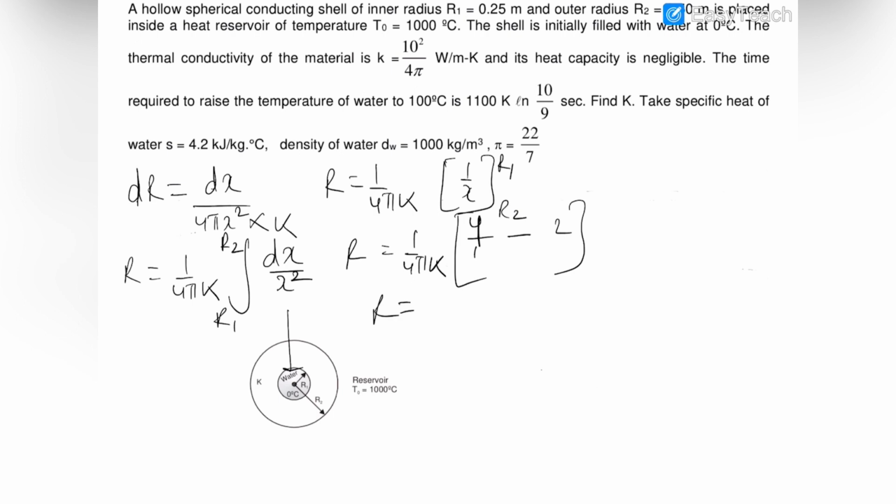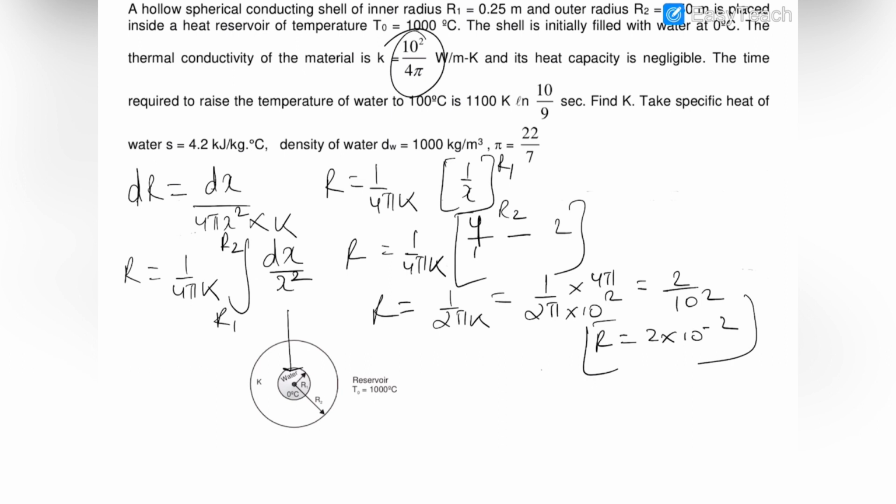So R will be equal to 1 upon 2 pi k, where the value of k is this one. So 1 upon 2 pi, and this is 10 raised to power 2 by 4 pi. So it is 2 divided by 10 raised to power 2. So R will be equal to 2 into 10 raised to power minus 2.